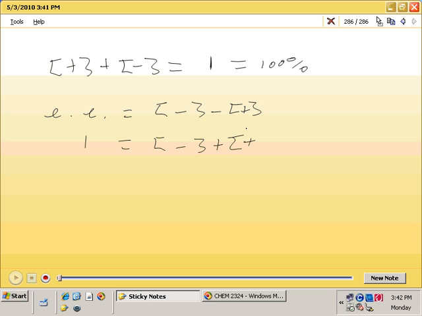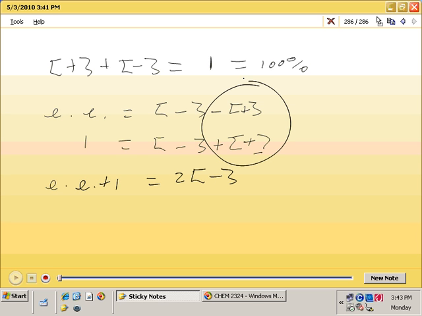Once I have this information, all I have to do is add up these two numbers. On the left side are these two equations, I'm going to add those together, and then on the right side I add those two together like this. And what happened here? I canceled out the minor enantiomer from this measurement.